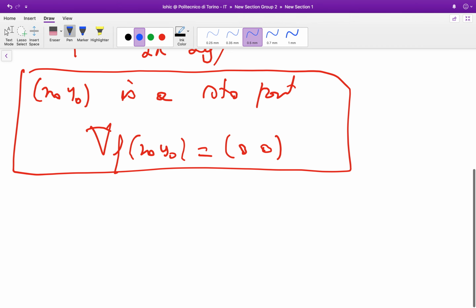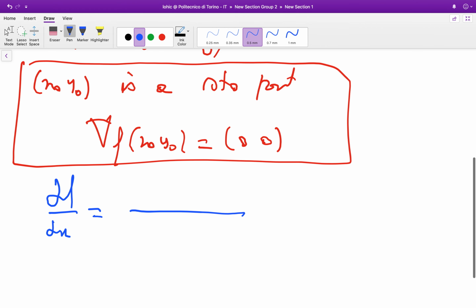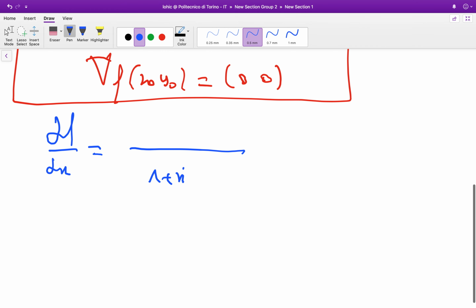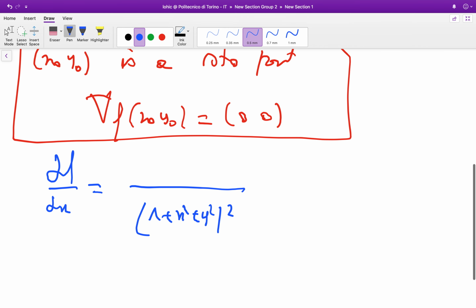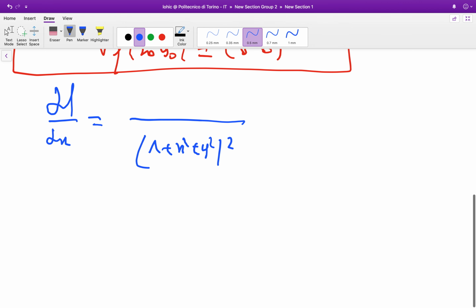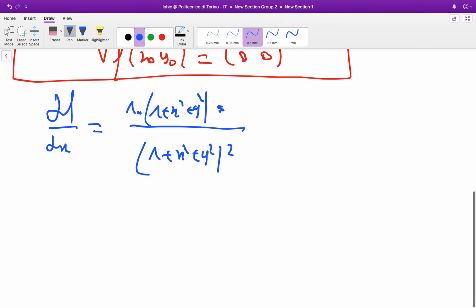To find the gradient of this function, I need to take the derivative of f with respect to x. By the quotient rule, this will be the derivative of the numerator, 1, multiplied by 1 plus x squared plus y squared, minus the derivative of the denominator with respect to x, which is just 2x, multiplied by x, all over 1 plus x squared plus y squared, all squared.